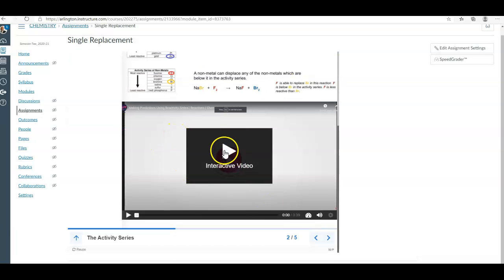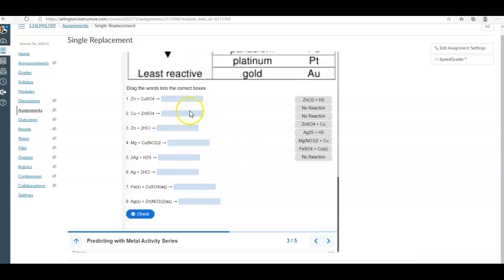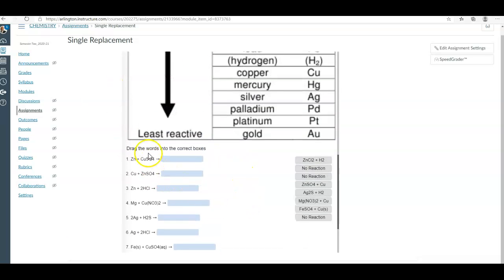You can watch this video later on your own time. Now, let's look at these questions here. You are supposed to practice with this. Let's do the first one together. It says drop the words into the correct boxes. We're going to use this to complete this reaction. Here it says zinc plus copper sulfate. The first thing you have to ask yourself is, will this reaction occur?